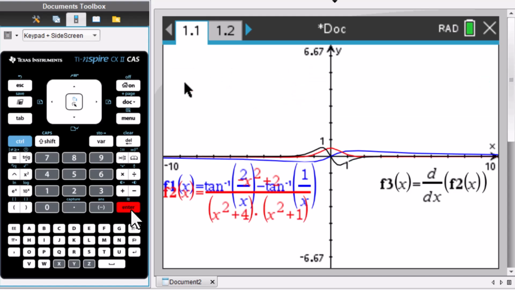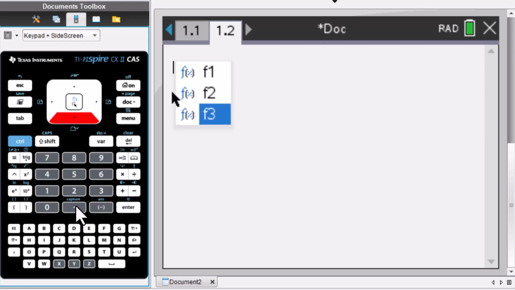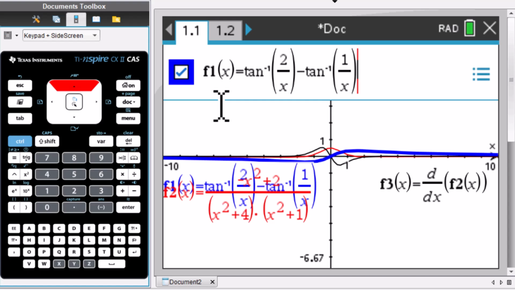Then enter. This time we got this graph. Then go to 1.2. Variables, f3 of square root of 2. Enter. Negative 0.157. Just remember, if you put the derivative of f1 of x and you couldn't see the graph, you need to put the real derivative function into f2 of x.